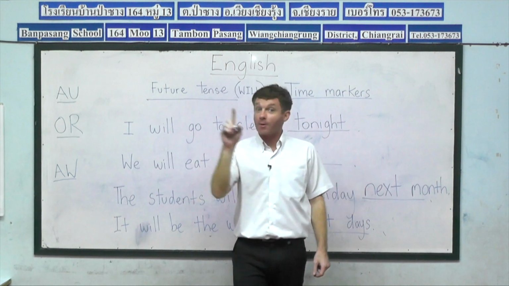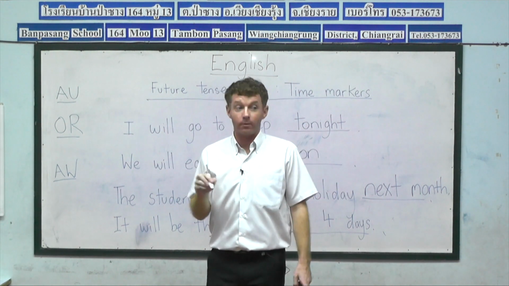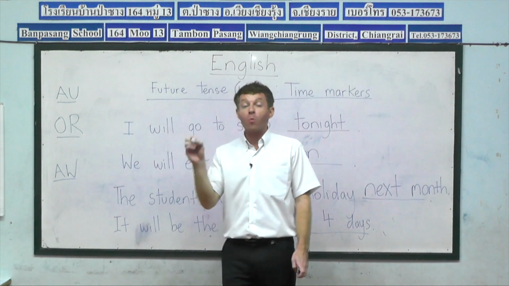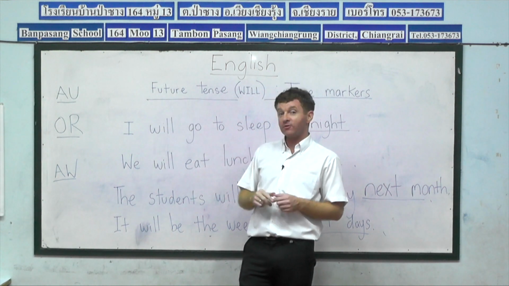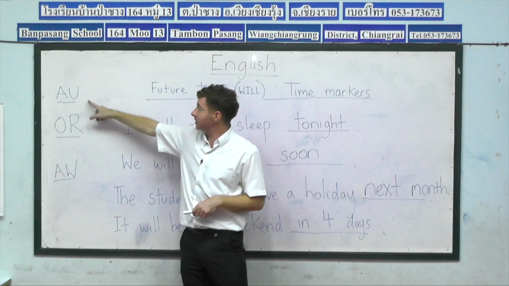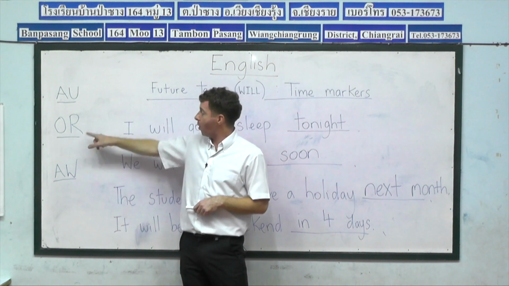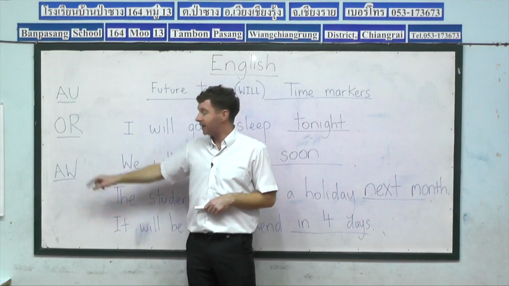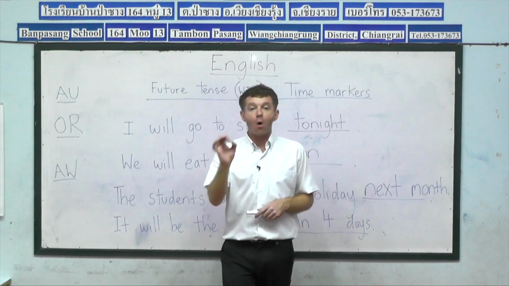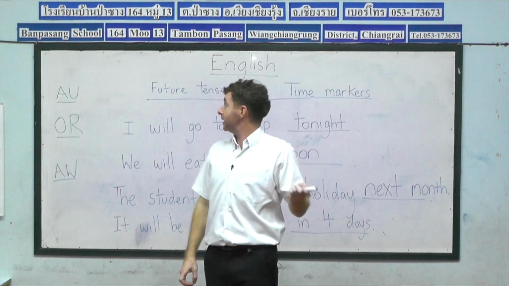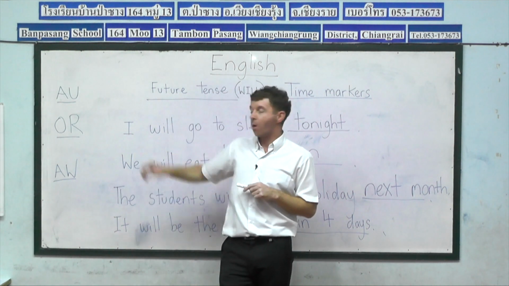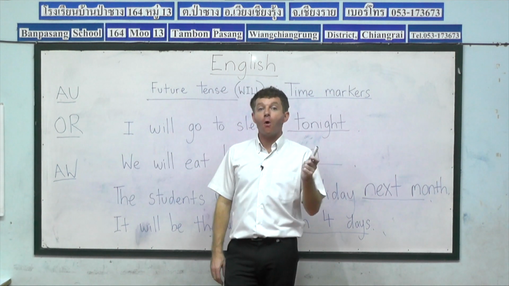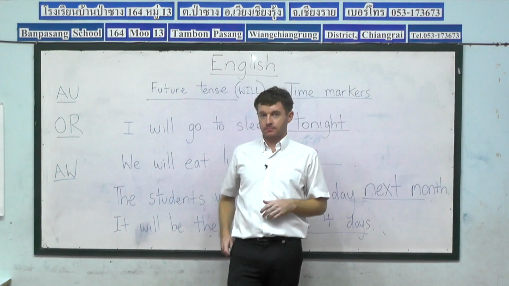Okay, so we have our one sound, O. But there are words in English that have this sound with 3 different spellings: A-U, O-R, or A-W.